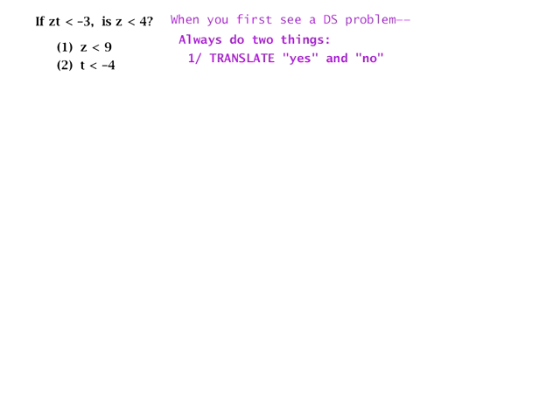So when you first see a data sufficiency problem, you have to understand what the goal is. What are you trying to do in the problem? So always translate and identify the goal first. Two things. The first is translate yes and no if it's a yes-no problem.